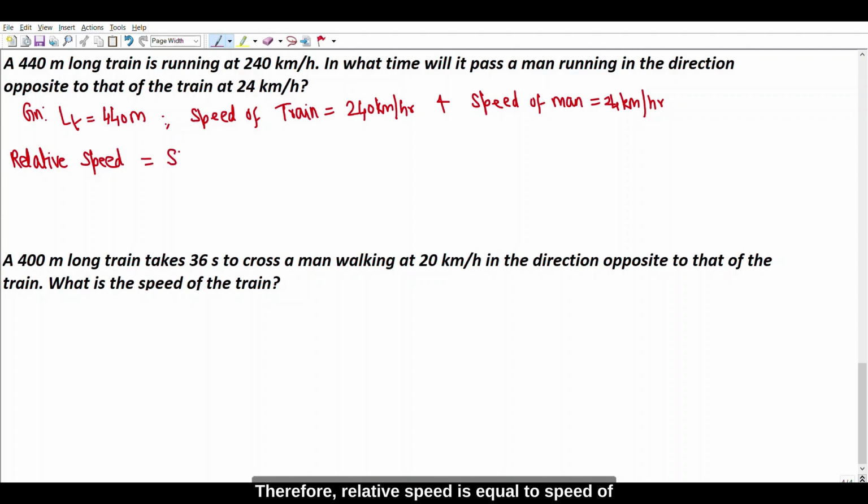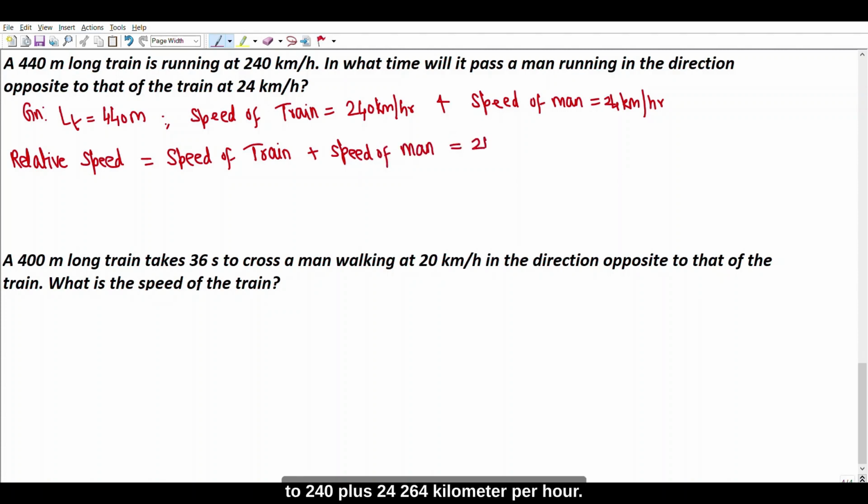Therefore, relative speed is equal to speed of train plus speed of man, which is equal to 240 plus 24, 264 km per hour. Now we know the length of the train and we know the relative speed. Thus we can substitute it directly in the formula.